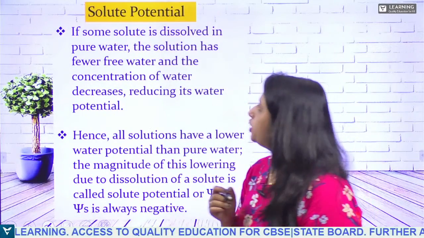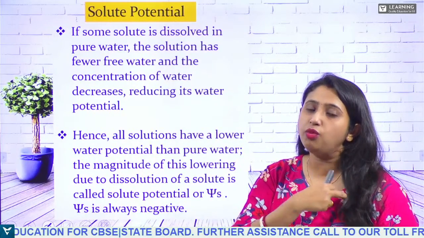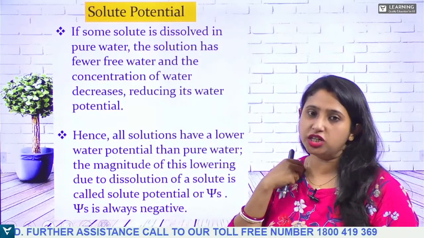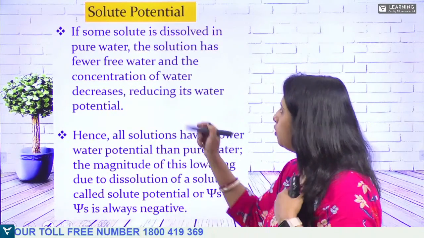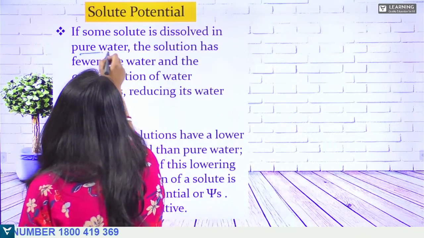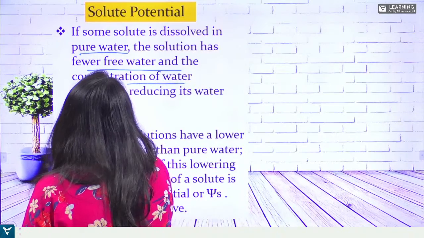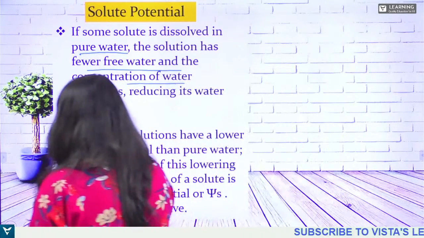Next is solute potential. As you have seen, water potential depends upon two things: solute potential and pressure potential. If some solute is dissolved in pure water, the solution has fewer free water molecules and the concentration of water decreases, reducing its water potential. What does it mean?